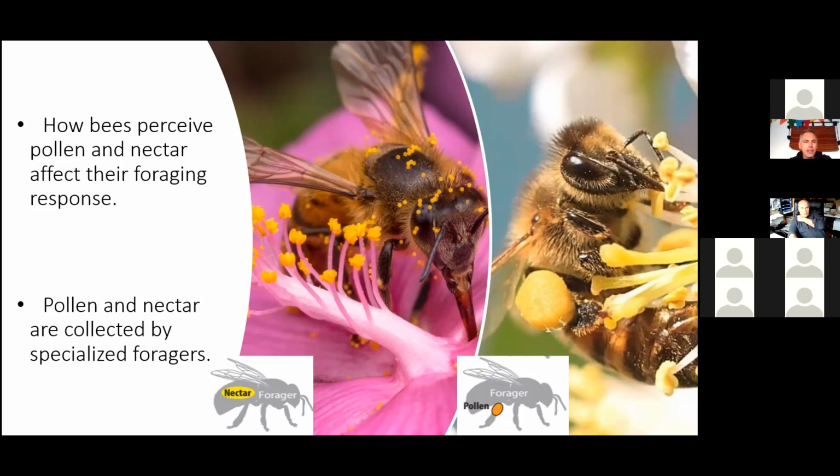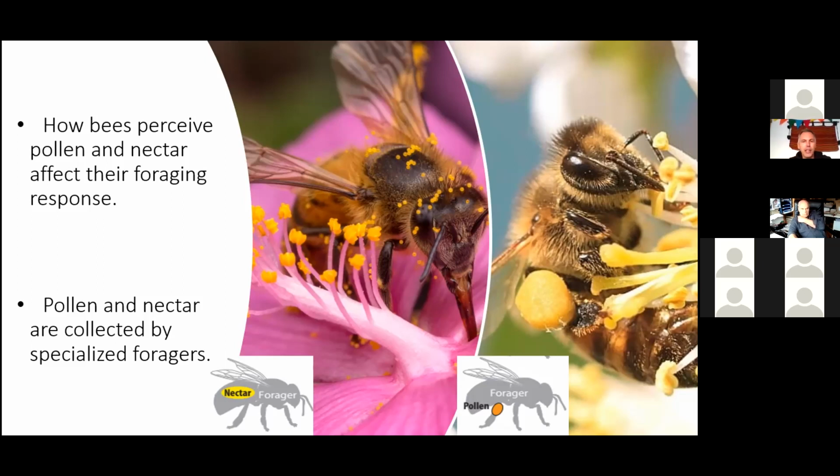And in honeybees, pollen and nectar foraging are carried out by different groups of bees. There are bees specialized in nectar foraging and bees specialized in collecting pollen. There are fundamental differences between both activities.